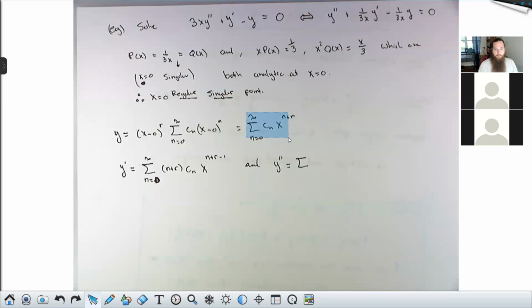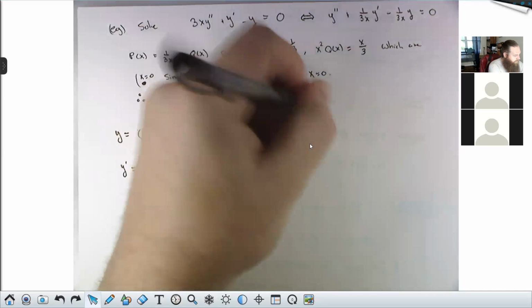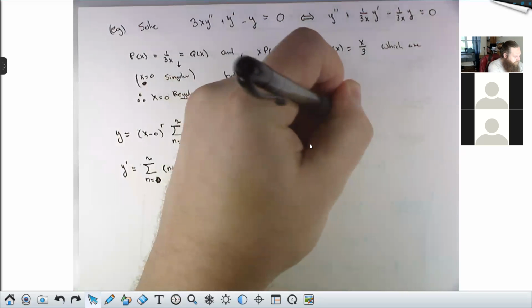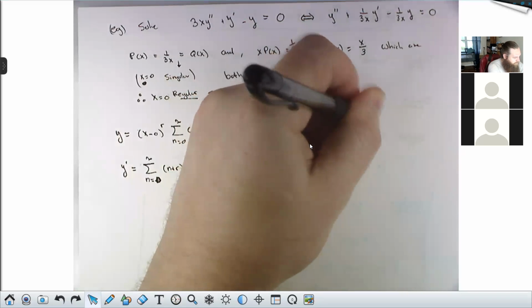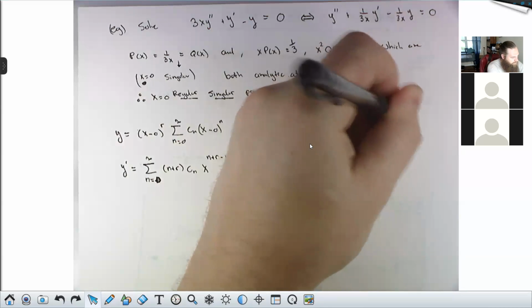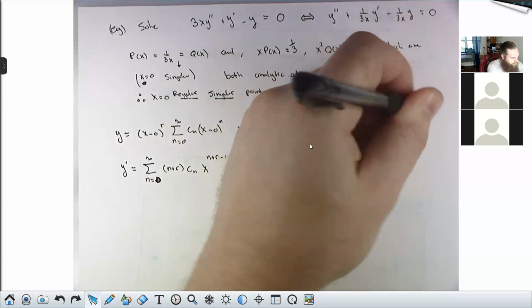The answer there actually depends on what r is, but we're assuming r is not 0. If r were 0, then this series would have a constant term, right? Let me go ahead and write out the first few terms of this series. This is c0 times x to the r plus c1 times x to the 1 plus r plus c2 times x to the 2 plus r, and so on.